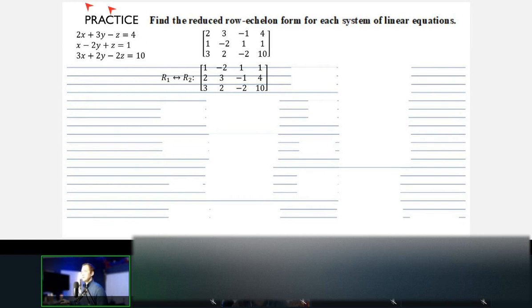So let's focus on row number 2. What operation should I do to make this a 0?